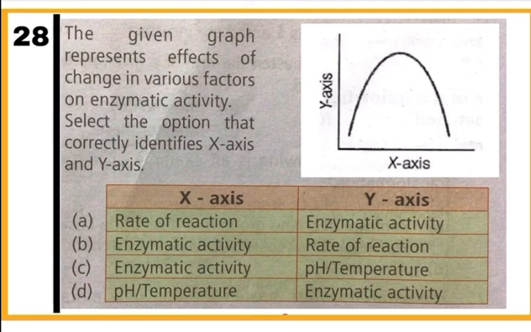Each enzyme shows highest activity at a particular temperature and pH called optimum temperature and optimum pH. Here in graph, x-axis is representing pH or temperature, while y-axis is representing enzymatic activity. So, correct answer is option D.